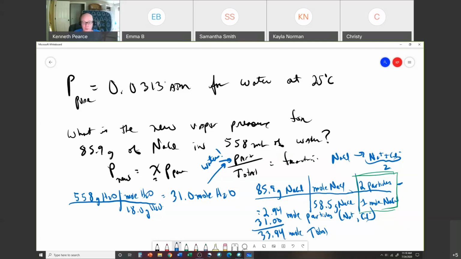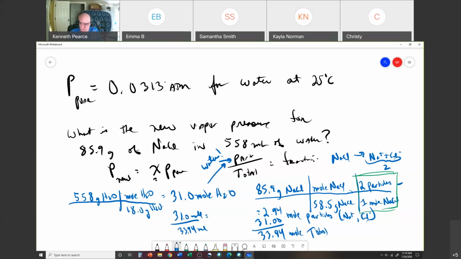Now we can take it and we can say, well, what's the mole fraction? So what is the mole fraction here? Now remember what I said. The mole fraction has to be for the solvent, the thing that's putting out the pressure. And in this case, it's the water, because sodium chloride doesn't have a vapor pressure. And so we're going to say 31.0 mole of the water over 33.94 moles total. And that will give me the mole fraction.